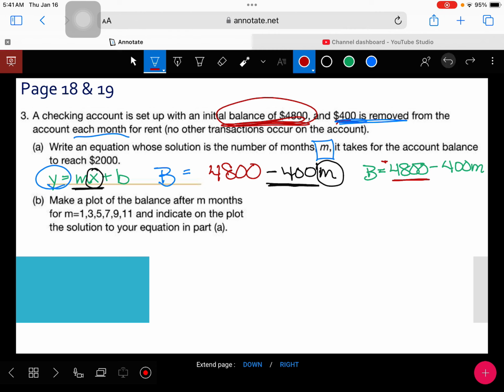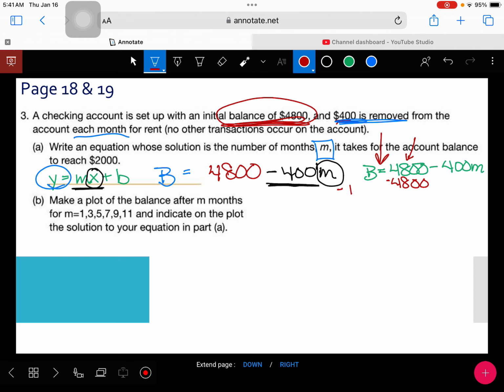Okay? So what I'm going to do is, since I'm trying to get m by itself, m right now is tied up with that negative 400. I am going to do something with the 4,800. It is positive, and I am going to subtract 4,800. Well, this is an equation, and whatever you do on one side, you have to do on the other.